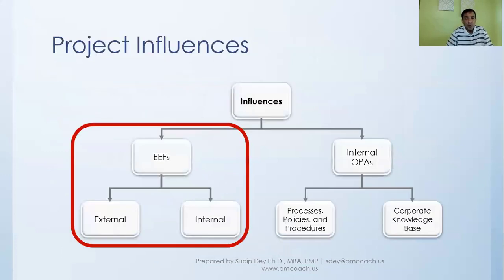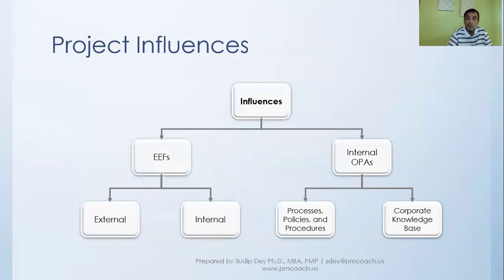So what we have done now is look at the external environmental factors that influence our project, and we saw factors that are external to the organization and factors that are internal to the organization.